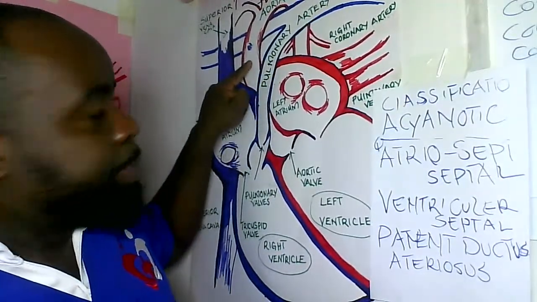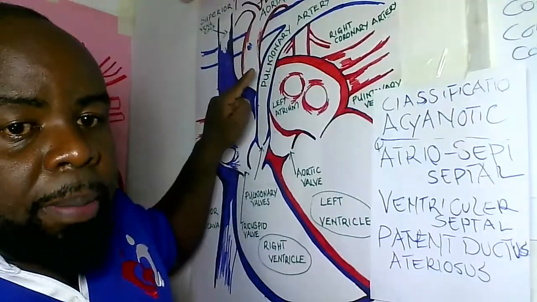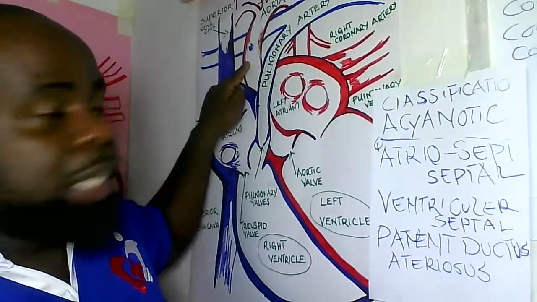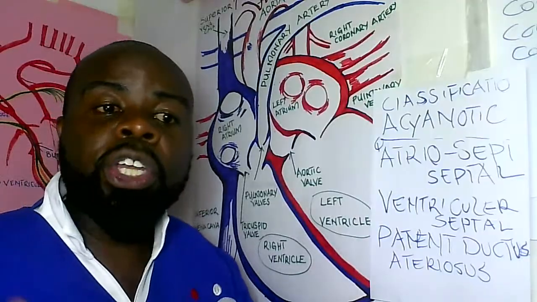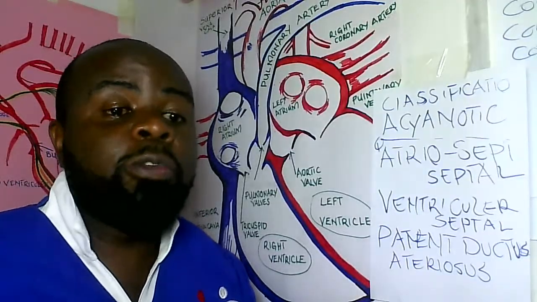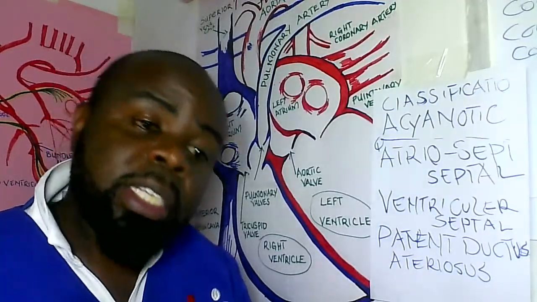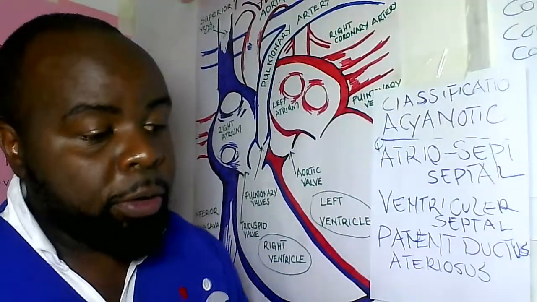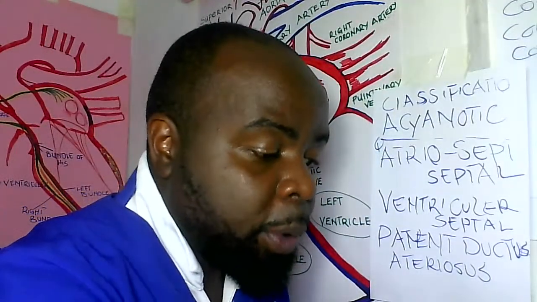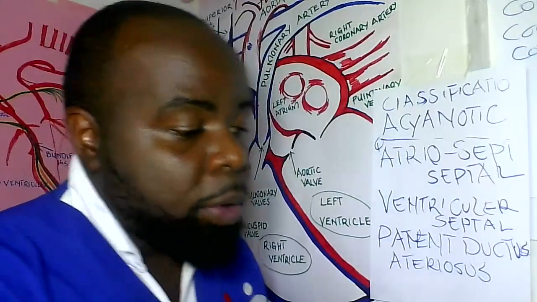You remember how blood comes and then it joins here so that it can go systemic, how we talked about how the blood flows. So if within 24 hours to 2 weeks that hole has not yet closed, we call it a congenital heart defect because of what?